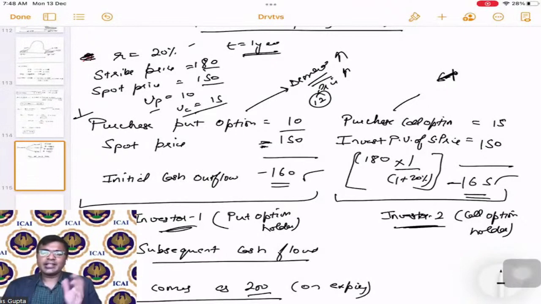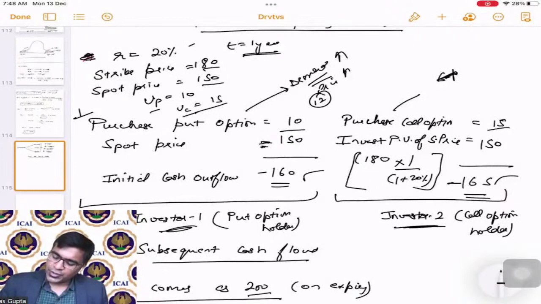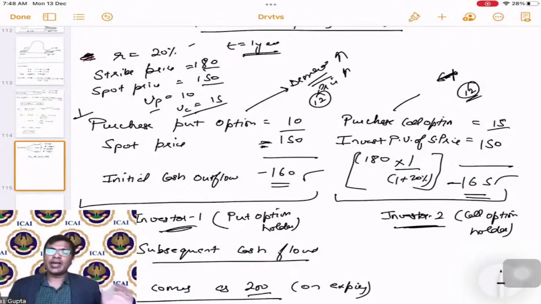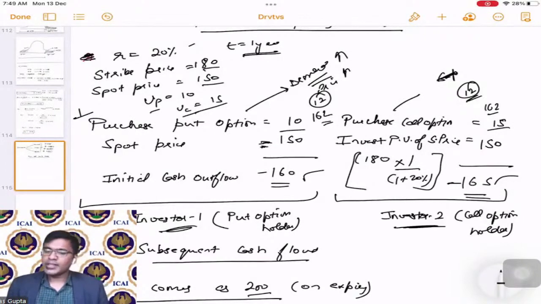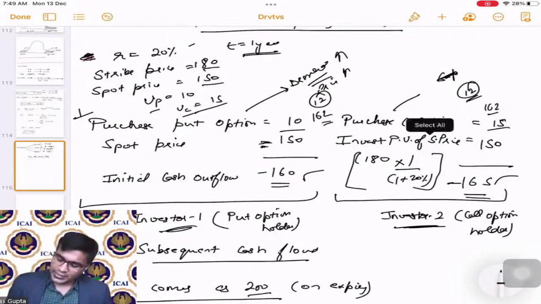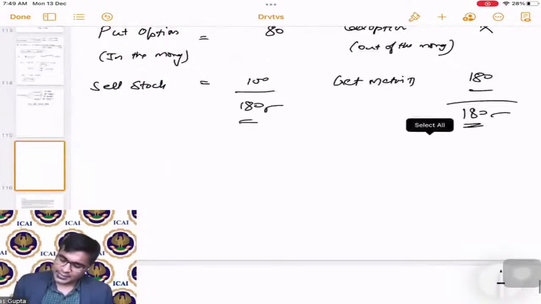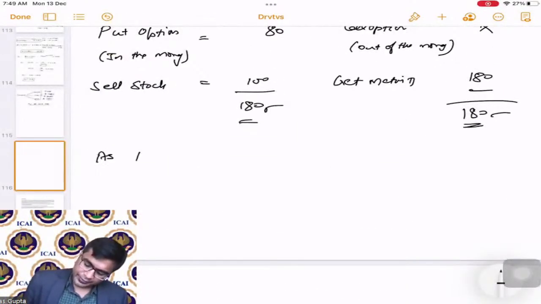Since the demand will decrease and the supply will increase, it will bring down the value of the call option to somewhere around 12 rupees, so that both of them are at 162 and 162. This is what I'm trying to explain. Through demand and supply forces, both the portfolios will be equal, and this is what the put call parity theory says.